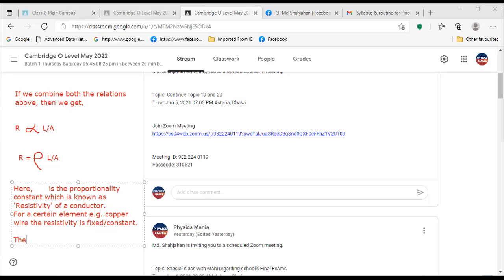The SI unit of resistivity is ohm meter.